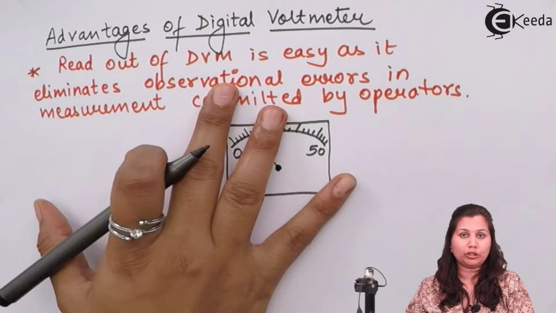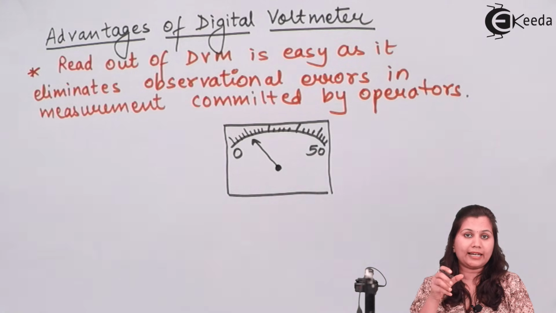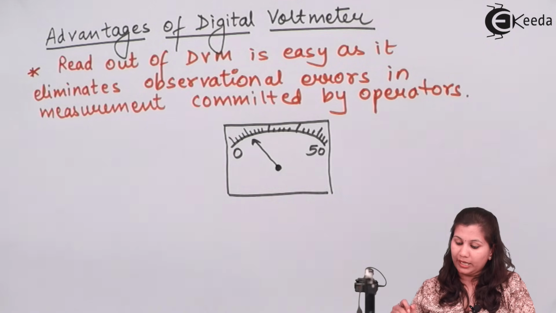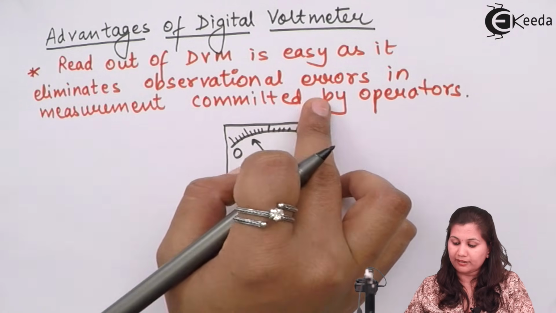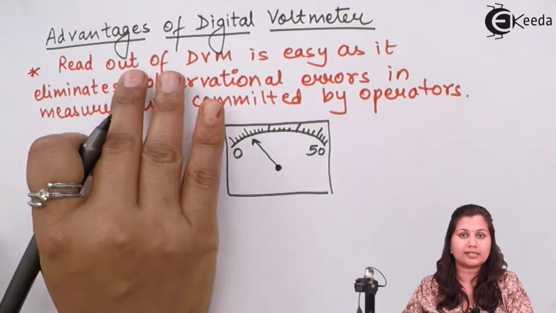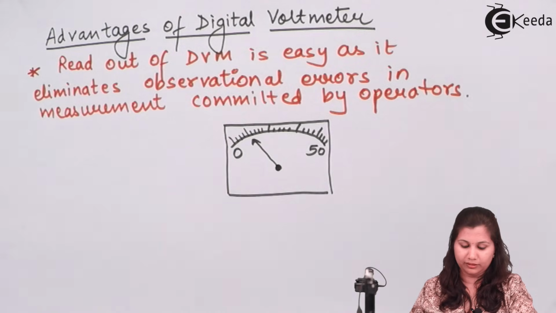Whereas in digital voltmeters, because we are getting the direct reading of the input voltage, the observer just has to read that numerical value, so errors are reduced. These errors are called observational errors. So observational errors are eliminated in the case of digital voltmeters.